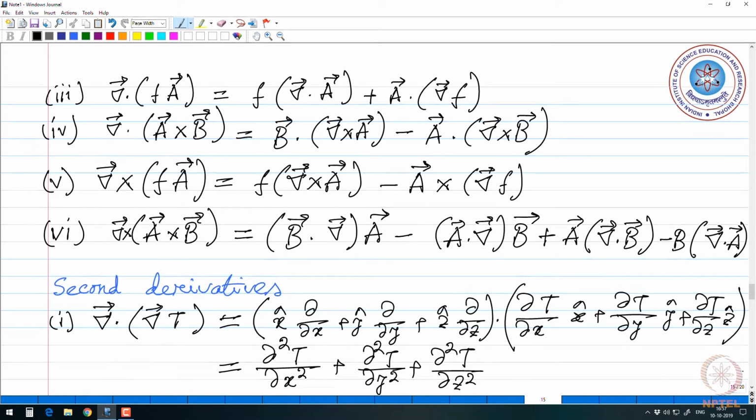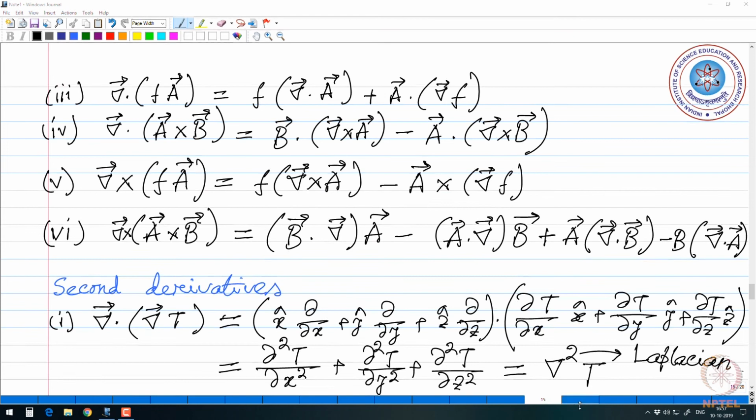As expected, the divergence gives us a scalar, and this is in a shorthand notation written as del square of t. This del square operator is also known as the Laplacian. Remember, del square is a scalar operator, and hence we didn't put any arrow on top of it.